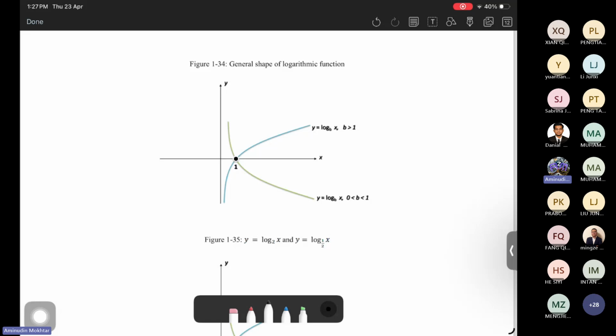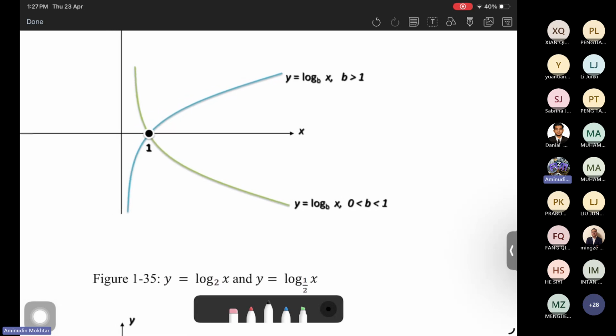depends, again, on the value of b, whether b is greater than 1 or b is between 0 and 1. When b is greater than 1, as you can see here, the graph rises from the left to right. Fungsi meningkat daripada kiri ke kanan.